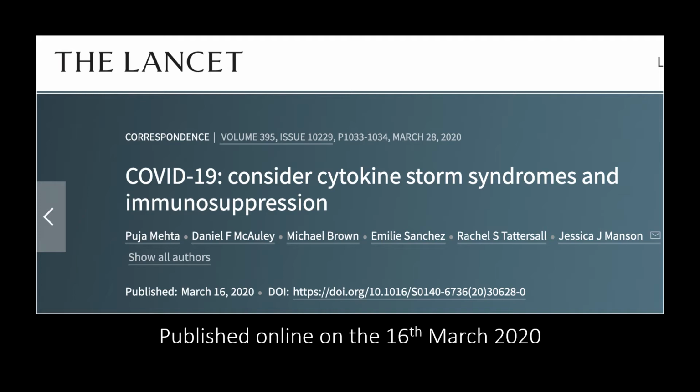These very early reports focused on features observed in COVID-19 disease which were similar to the clinical and laboratory findings in secondary hemophagocytic lymphohistiocytosis, or HLH. An early report in The Lancet drew attention to this, and while South Wales was preparing for the first wave, intensive care physicians were frantically talking about the potential ways to deal with the hyperinflammatory cytokine storm.